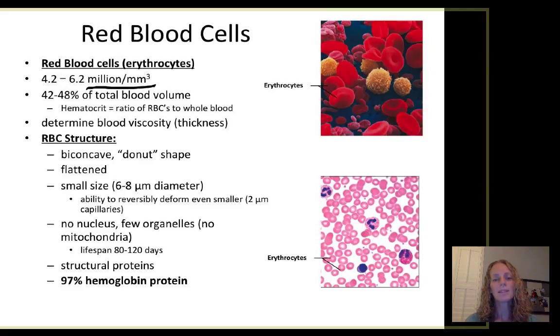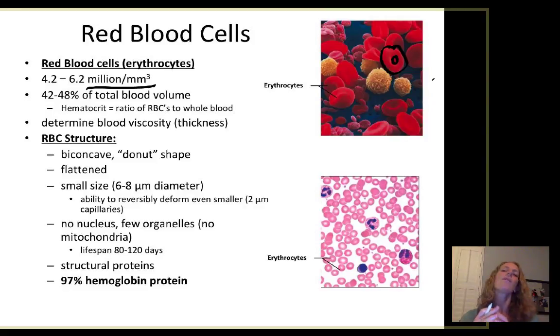When you look at red blood cells, you'll see that they have a biconcave or a donut type shape. So this 3D reconstructed image here shows the red blood cells quite nicely. What you can see is that the outer portion of the red blood cell is a little bit thicker than the center of the red blood cell.